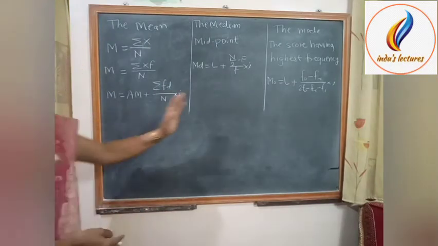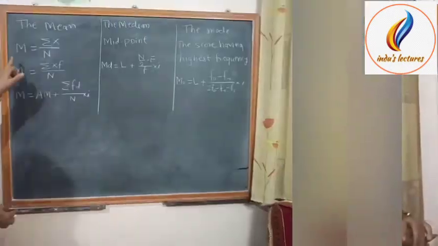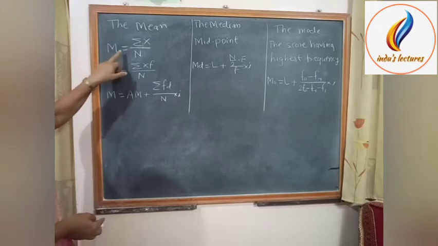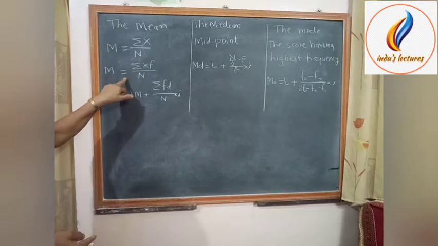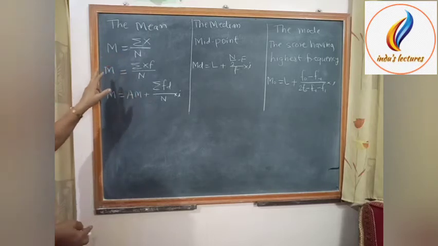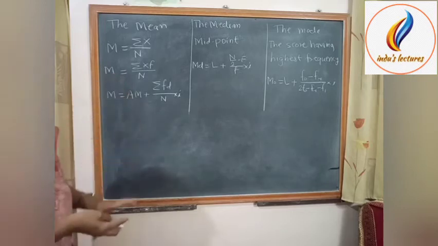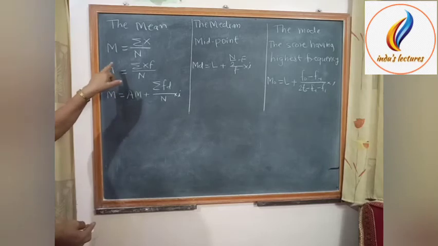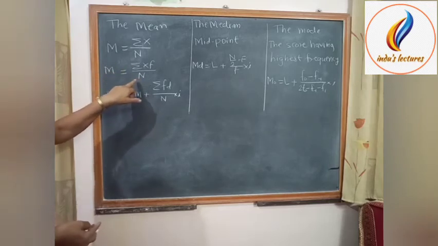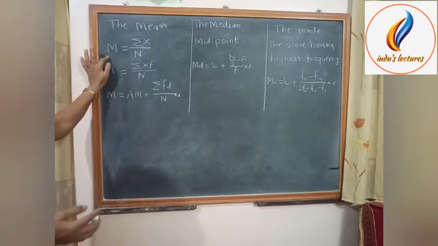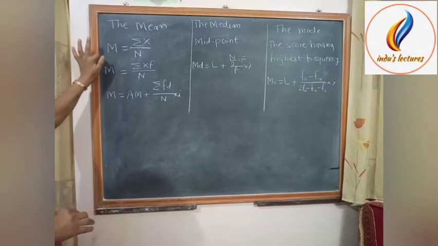If we observe this, while calculating mean, all scores are considered. The values of all scores are taken, and if we change any one value of the score in the distribution, then it affects the value of mean. That means each score in a distribution affects the value of mean.